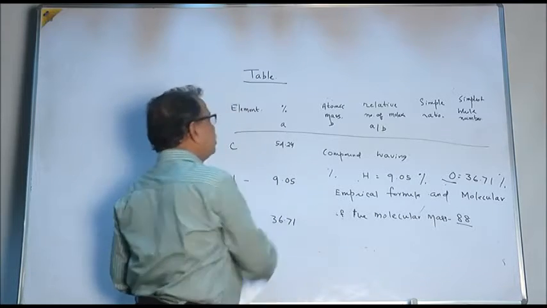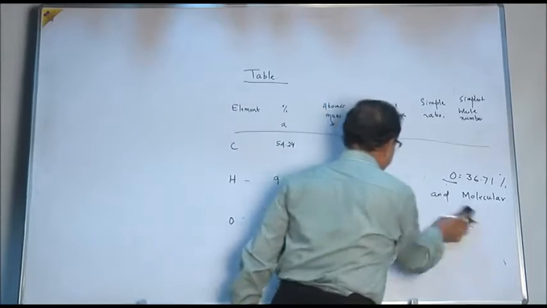Only this much is given to you. How to find out the empirical formula?